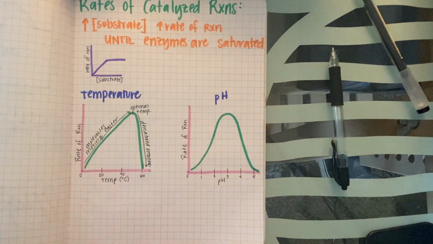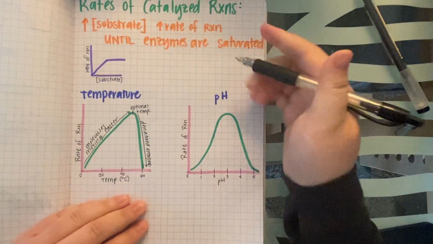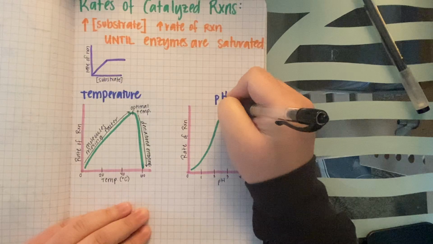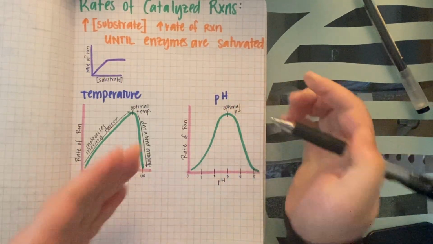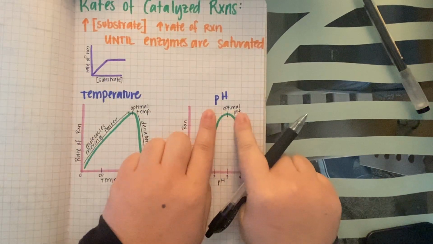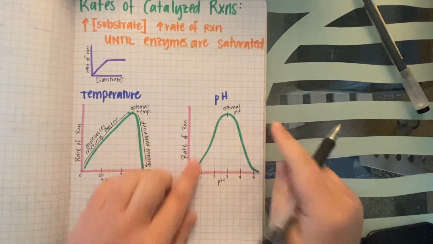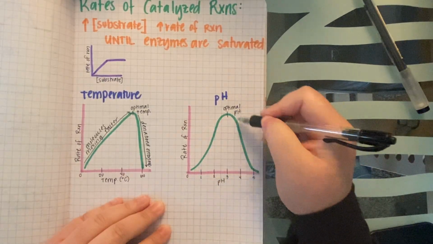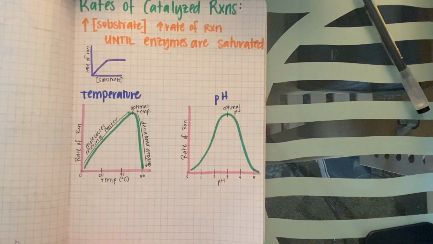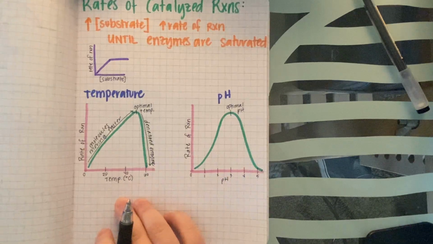So there are zones of efficiency. We still have our optimal pH here at the peak. And then as you move away from that optimal pH, you become less and less efficient. So we're changing the shape of our enzyme throughout this, and we're making our enzyme more or less effective. So those are a few factors that can alter the rates of our reactions.